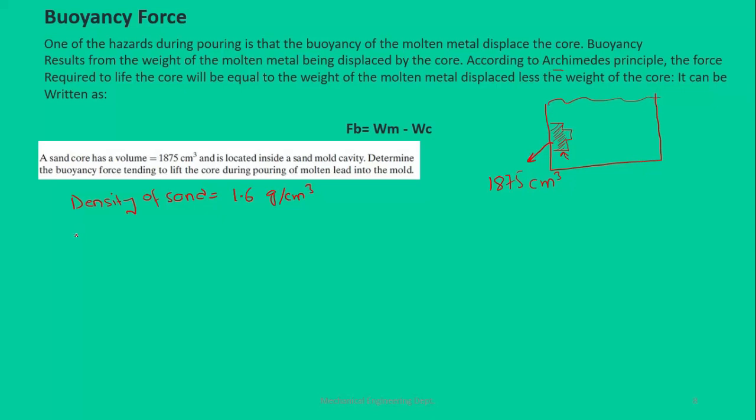So the weight of the core will be equal to 1875, its volume, into the density. So we will get 3000 grams, or we call it 3 kilograms. So the sand core weighs 3 kilograms.